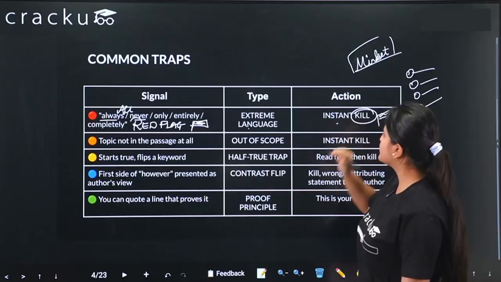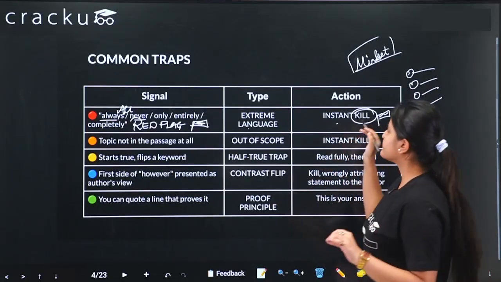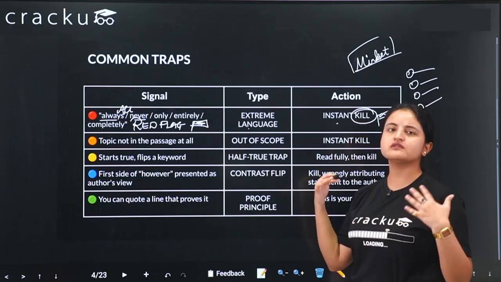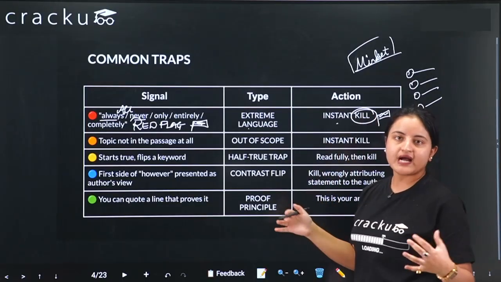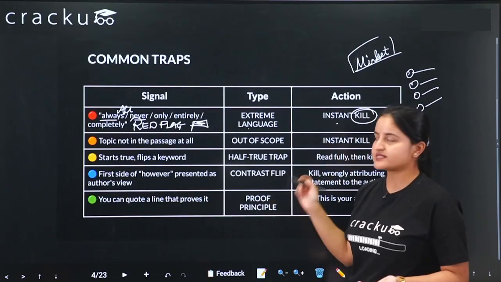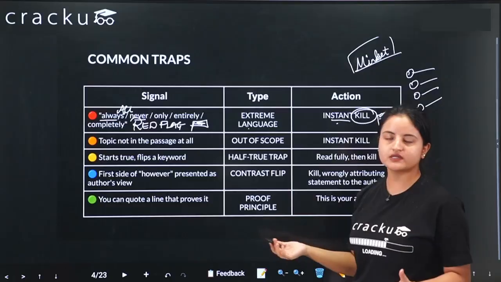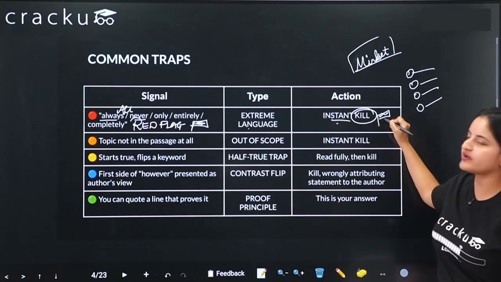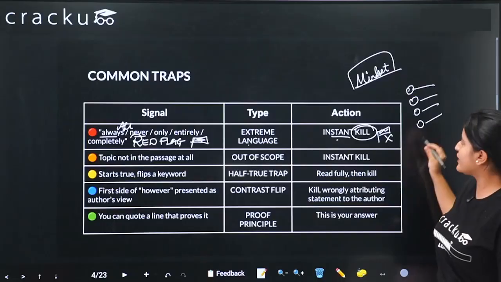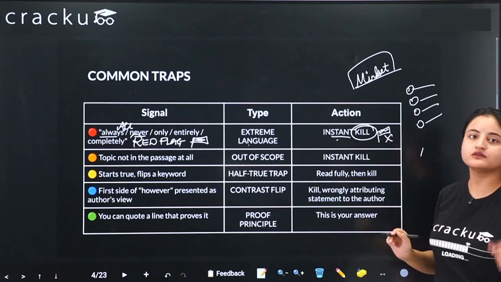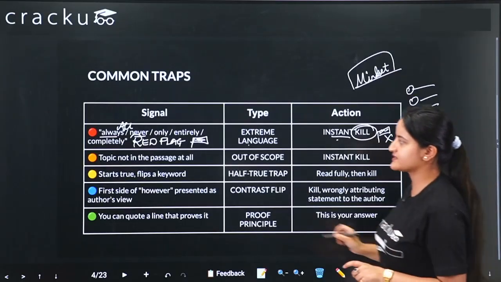And then you need to kill that option. It's a very, very common trap. It's used in many, many exams, but here we are focused on the IPMAT and the UG exam. So it is used here as well, and we have to make a flag and we have to eliminate this option, or we have to do the O step of the STOP process.